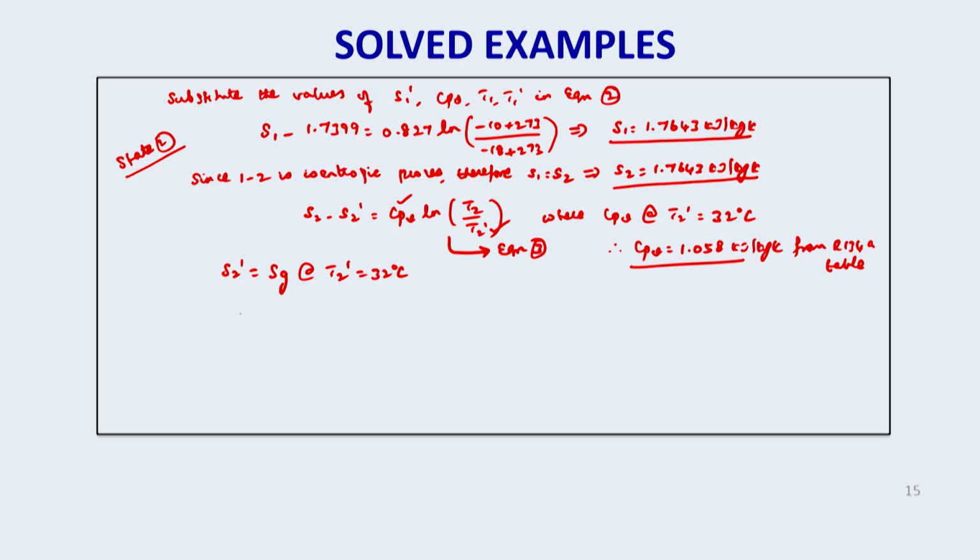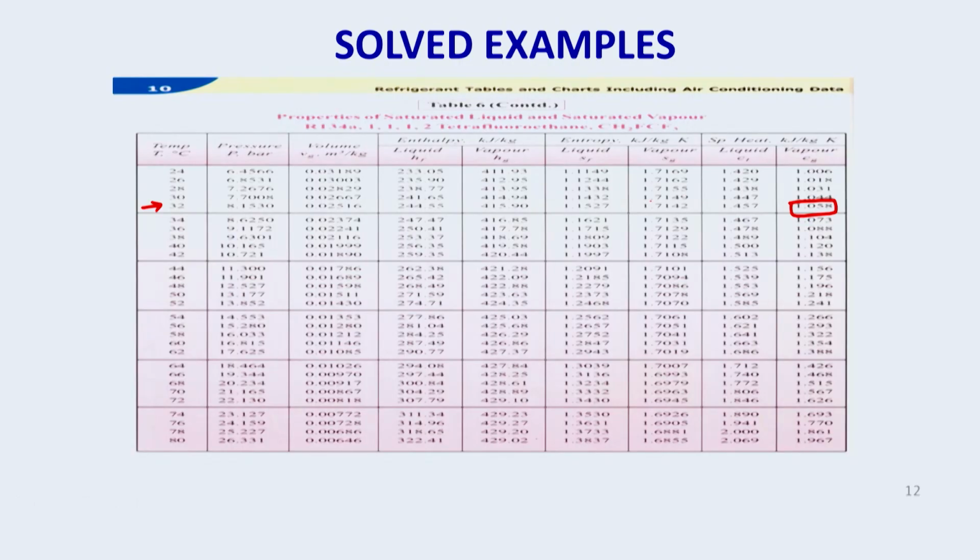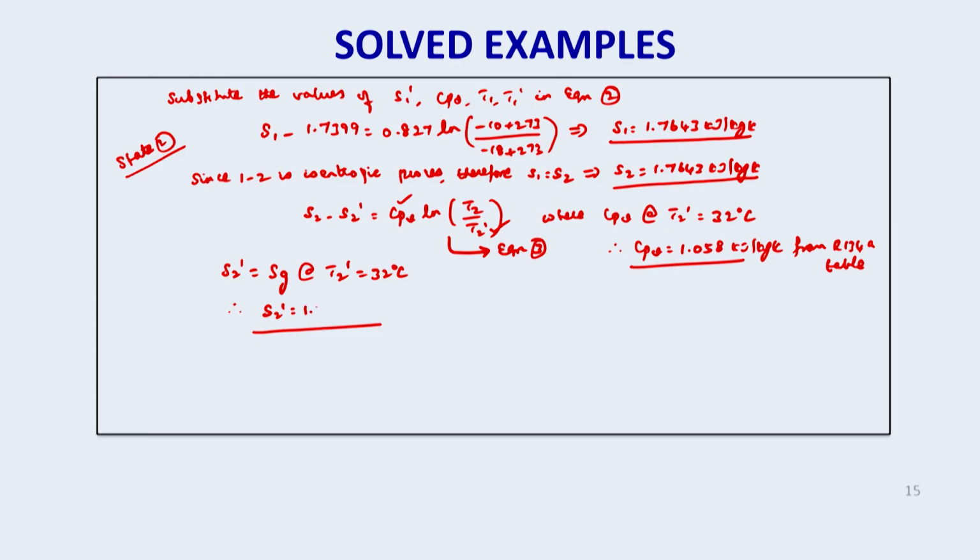The value of S2 dash, corresponding to 32 degrees centigrade, vapor entropy, is 1.7142 kilojoule per kg Kelvin. Now we have found S2 dash, so the only unknown is S2.